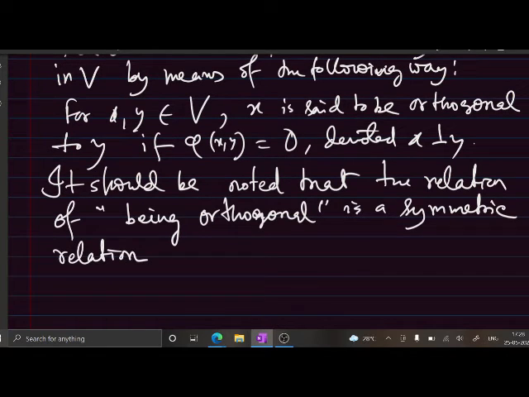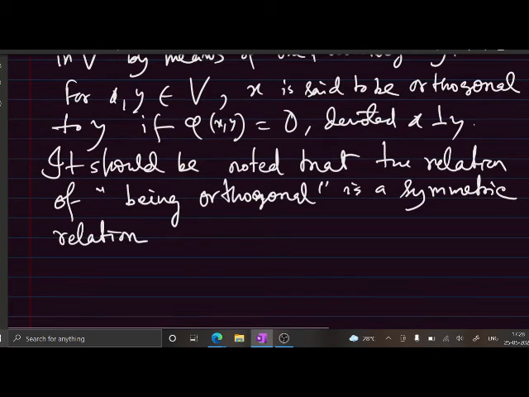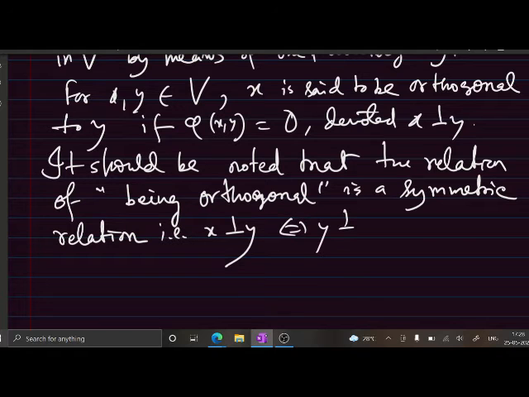Because x is orthogonal to y if and only if y is orthogonal to x, as you have considered a symmetric bilinear form.